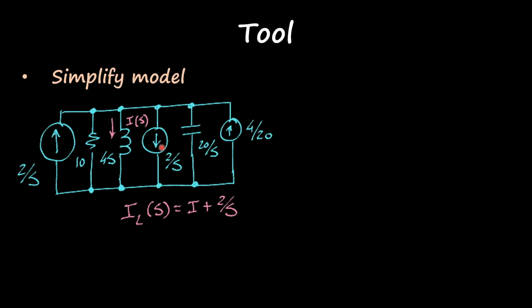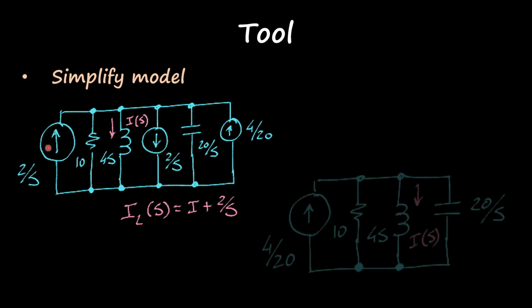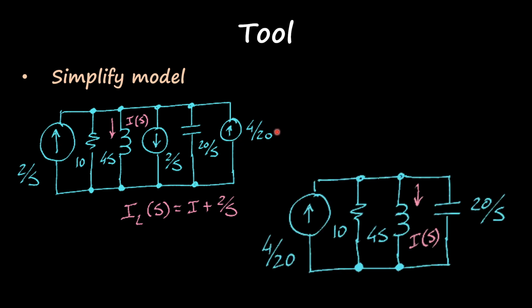Notice that I can put the current sources together, where this one actually cancels out with that one. So I just get the 4 over 20, and I get all these impedances in parallel: the resistor, the inductor, and the capacitor. And it's important to keep track of the current that you want to find in this case. So I still have my I of S over there.